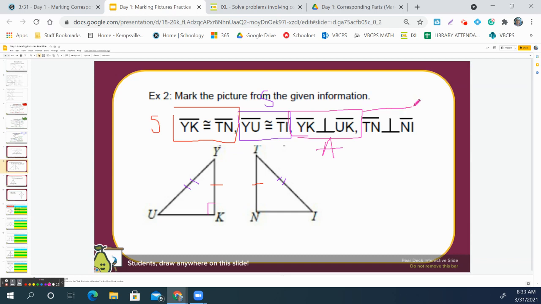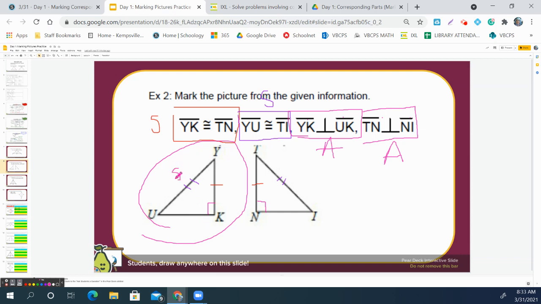So then over here, TN is also perpendicular to NI. That also gives me an angle. I've got 4 segments here, but what they're producing is 2 angles because perpendicular means right angles, 90 degrees. So what do I have marked if I just look at one triangle?